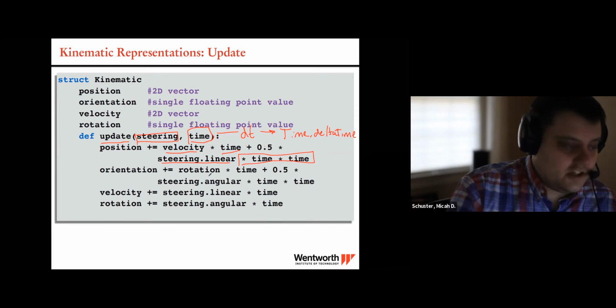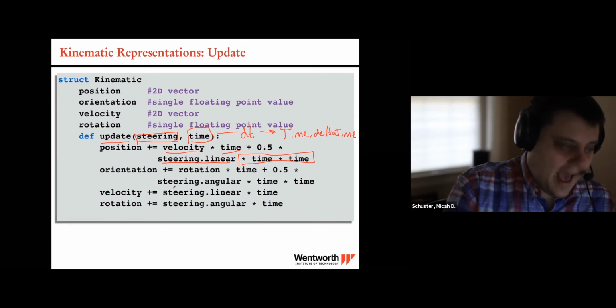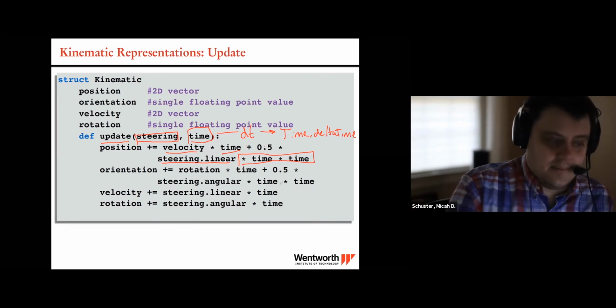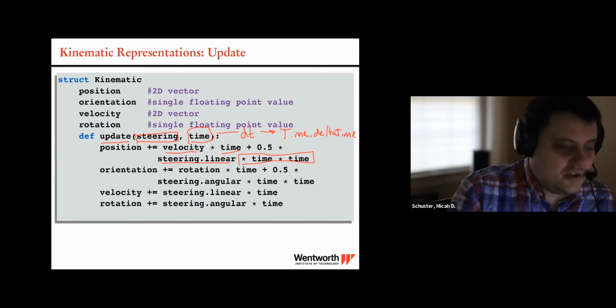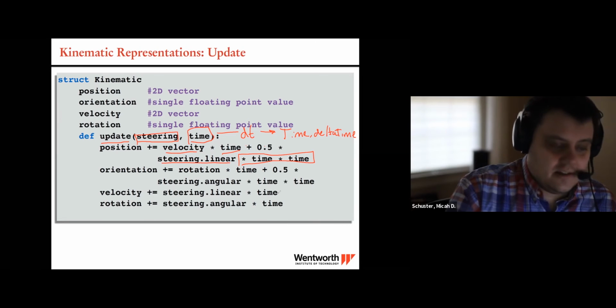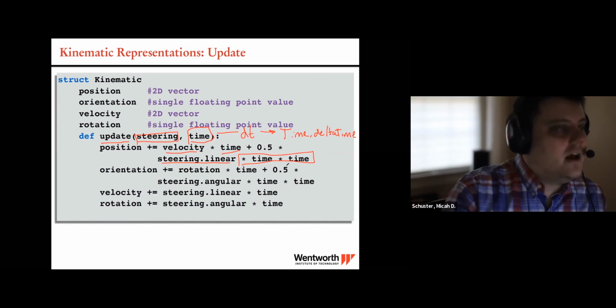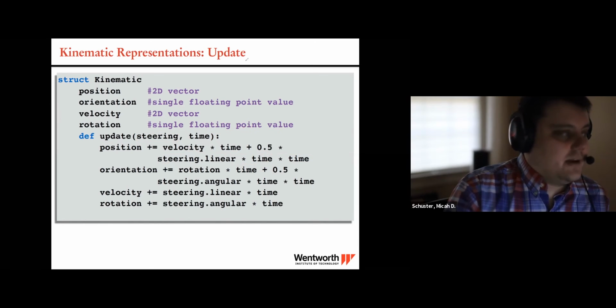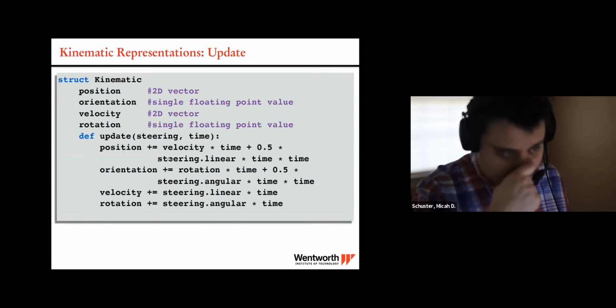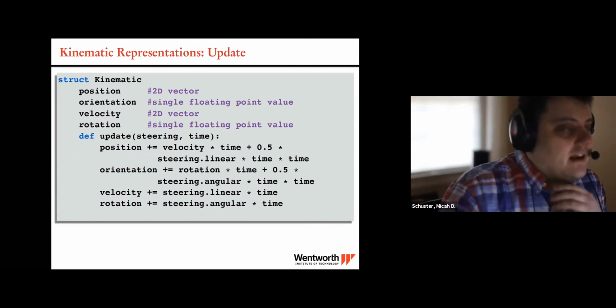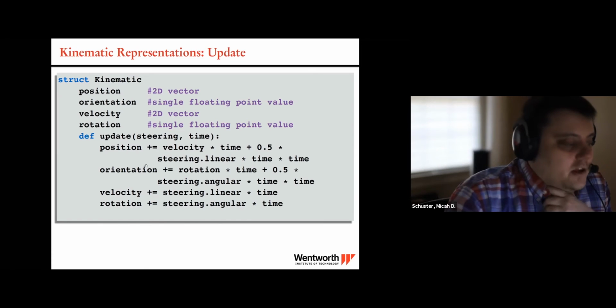Same thing for orientation: rotation times time plus 1/2 angular acceleration times time squared. And then the velocity and the rotation change by the acceleration and the angular acceleration times their time. I'm just using the same equations from the Artificial Intelligence for Games book, but I will show you in the code from the Unity example.